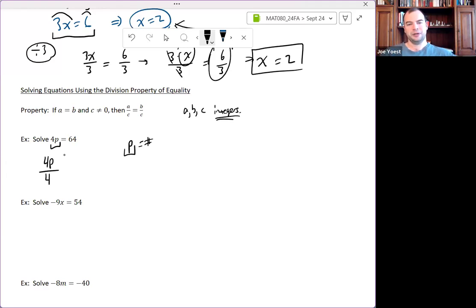Yeah, sure. On the left side, 4p over 4 is just p. And on the right side, I have 64 over 4. That turns out to be 16. Now, if I didn't see right away that was 16, no problem. I could do long division, or I could do a little bit of guess and check. 4 times 10 is 40. We need a little more than that, and so on.